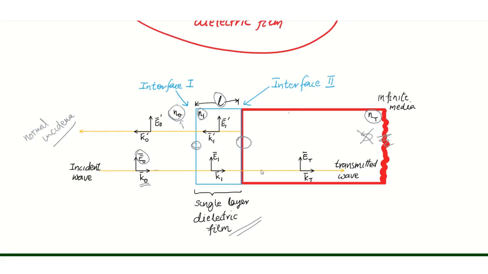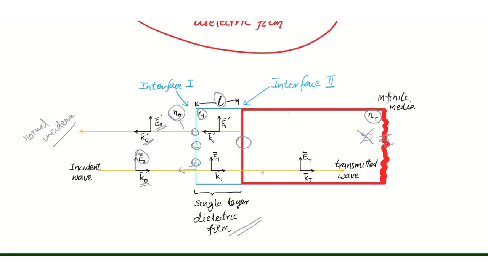Then it encounters this interface here, and it's reflected. The amplitude is represented by E0 prime, and the wave vector by K0 prime. It is a wave that is traveling in the opposite direction. It is actually reflected from this point there, but for clarity, I've used a separate line.